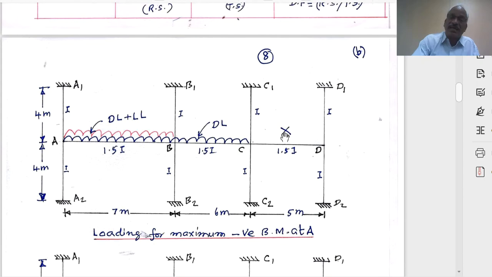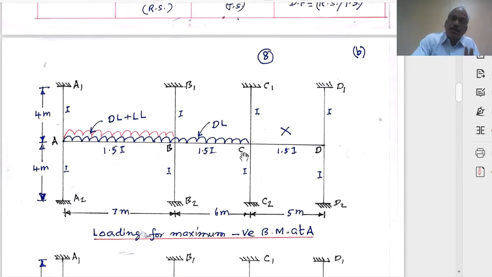Span CD is there, but in the case of joints or beams also, we will consider only two spans. Now this is a joint, therefore we have to consider the spans AB and BC only. We are not going to bother about CD now. There will be dead load, but that is not necessary for our analysis.